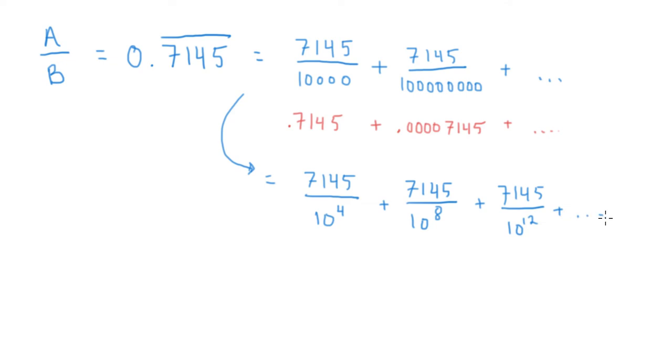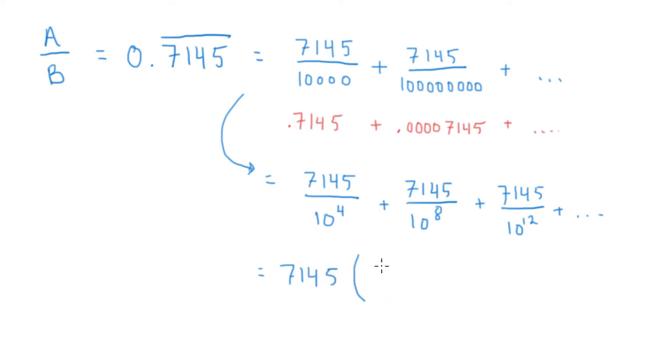And now hopefully you can start seeing the pattern that when I'm repeating 4 digits, I just put the 4 digits over 10 to the 4th, and 10 to the 8th, and 10 to the 12th, and 10 to the 16th, etc. And now all of these are being multiplied by 7,145, so I can use the distributive property and factor that out.